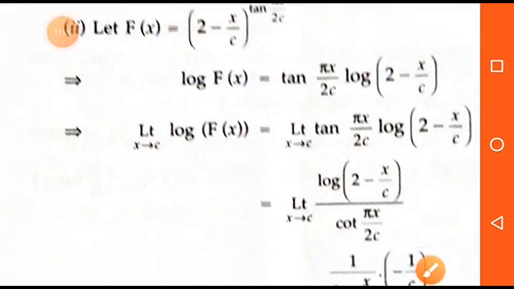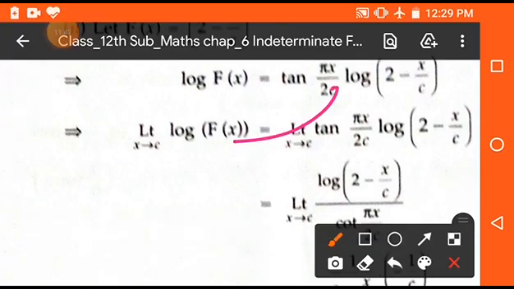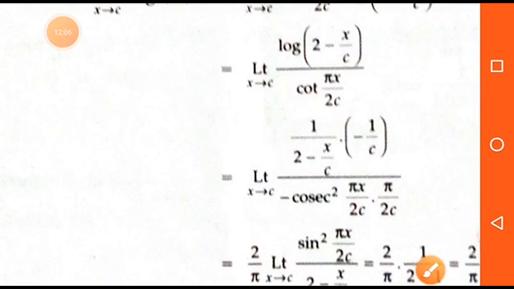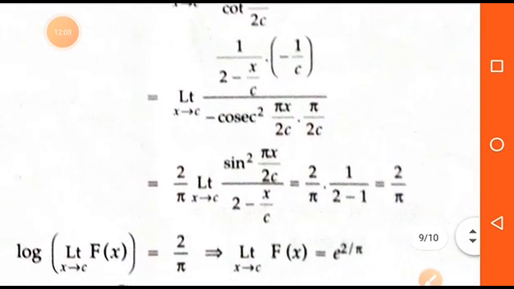Now taking limit x tends to c, we get limit x tends to c of tan(pi x upon 2c) log(2 minus x upon c). Now you can write it this way, limit x tends to c of log(2 minus x upon c) upon cot(pi x upon 2c), because cot is the reciprocal of tan. Clear? Okay.